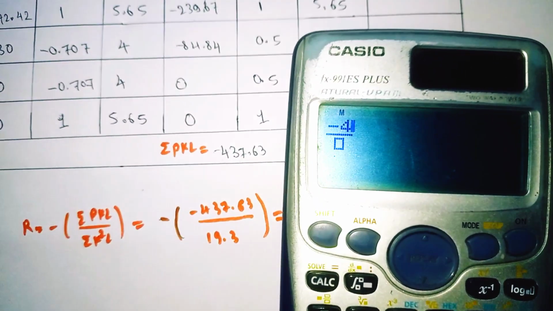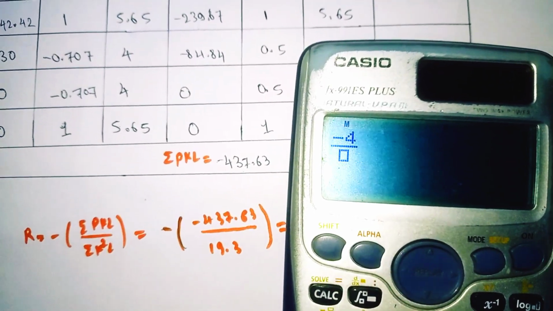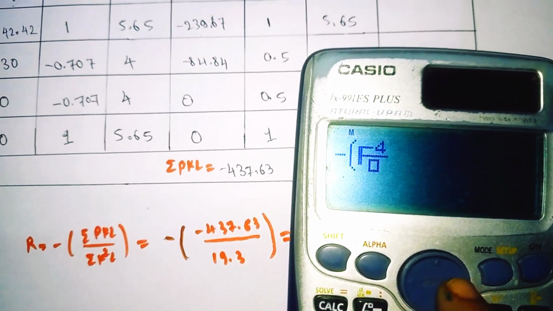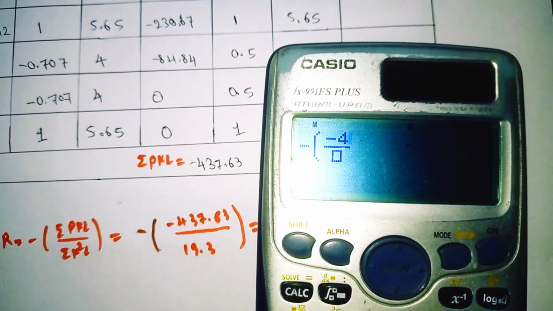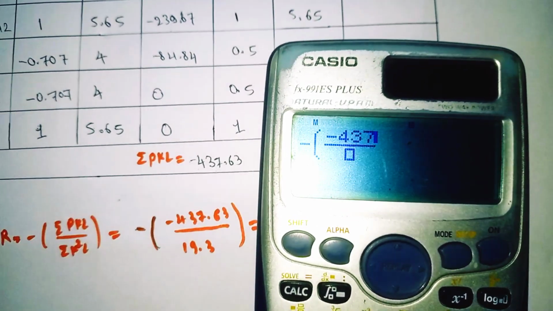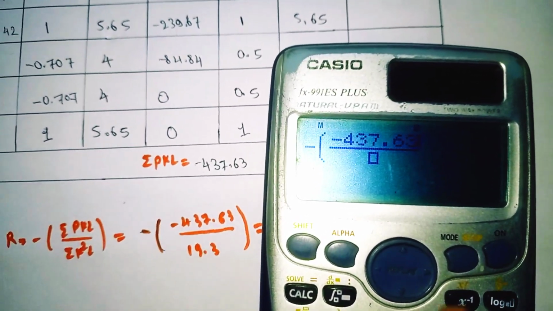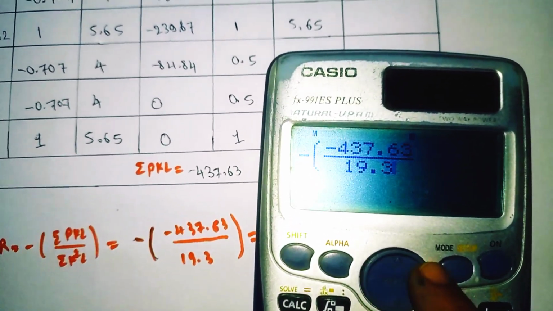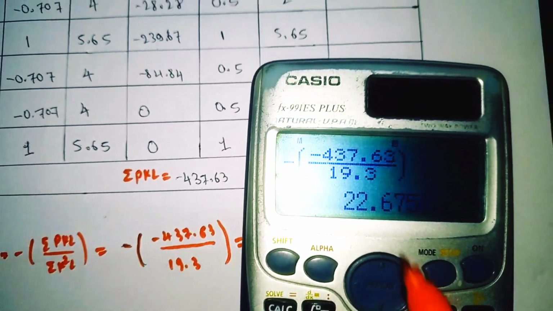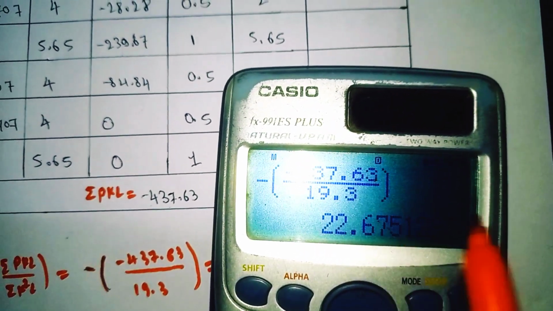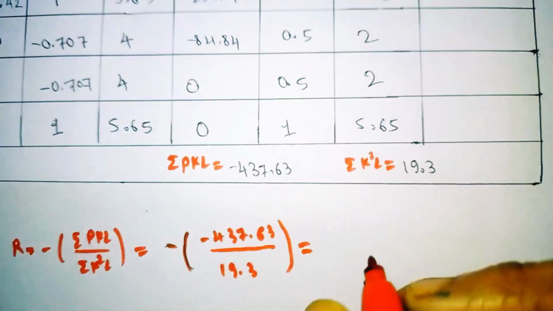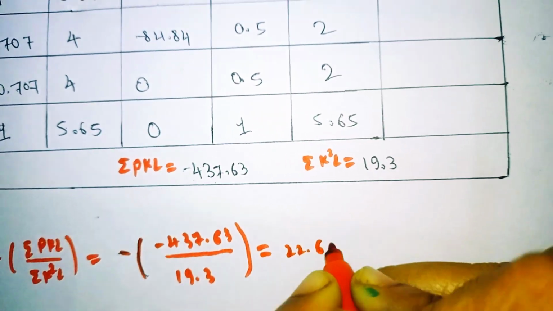Here also there is a minus outside. So minus of minus 437.63 divided by 19.3. If we do, our value will come out as 22.67. So our R value will be 22.67.